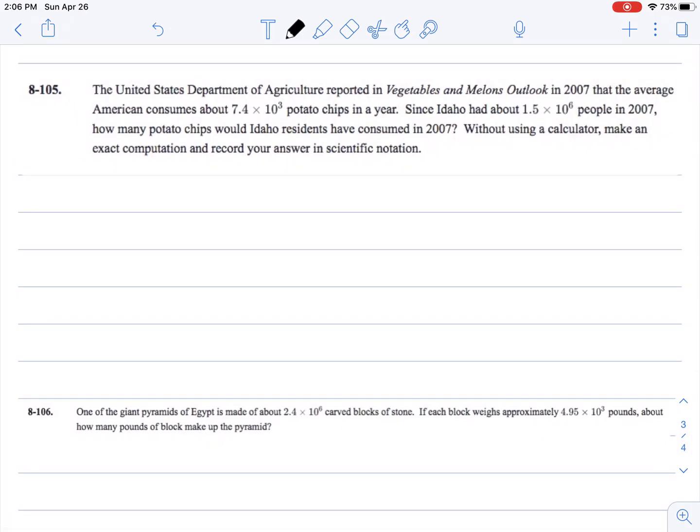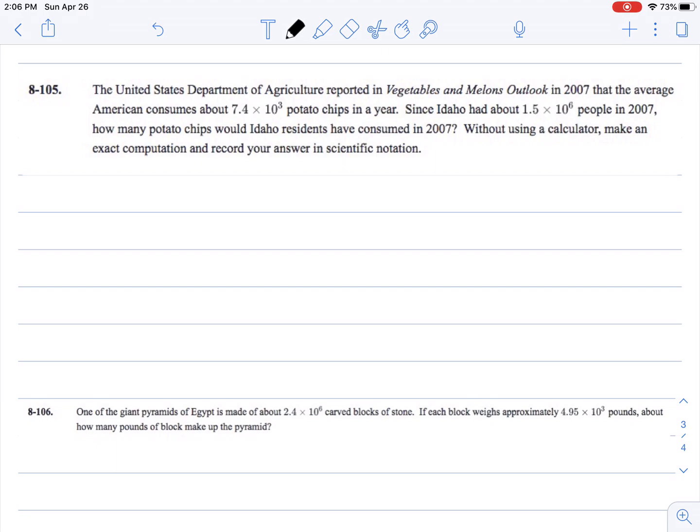105. The United States Department of Agriculture reported in Vegetables and Melons Outlook in 2007 that the average American consumes 7.4 times 10 to the third potato chips a year. Since Idaho has about 1.5 times 10 to the sixth people in 2007, how many potato chips would each Idaho resident have consumed in 2007?